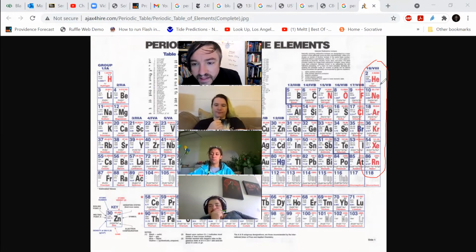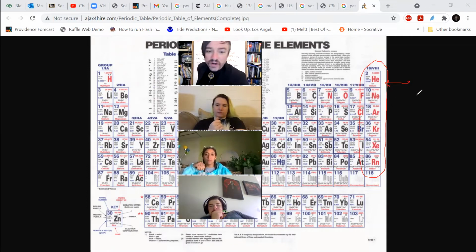This makes these elements chemically inert. Helium will only appear in a gaseous form because it will not form compounds and molecules and salts and crystals. They have no desire to bond or pair with any atom or molecule. They're just perfectly happy being gases and floating around by themselves.